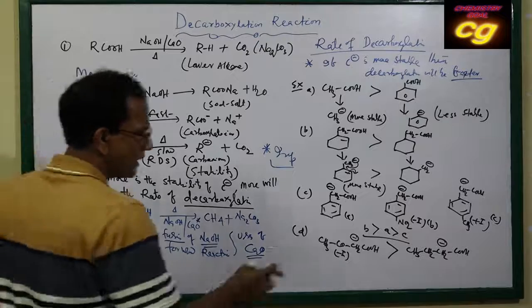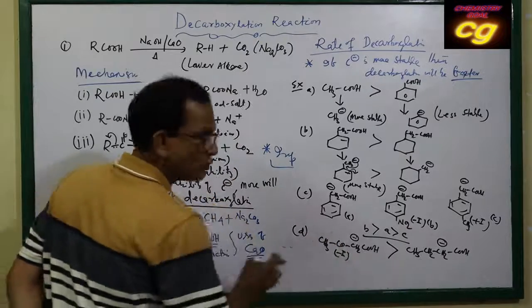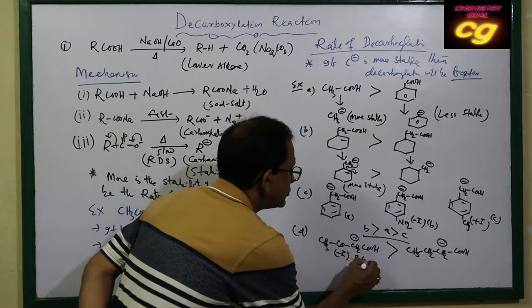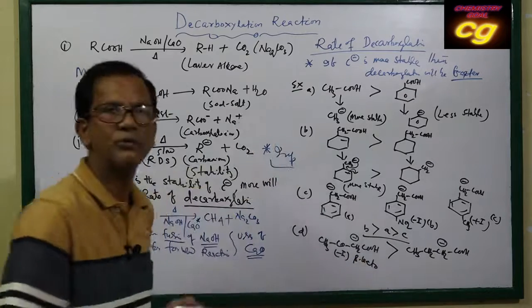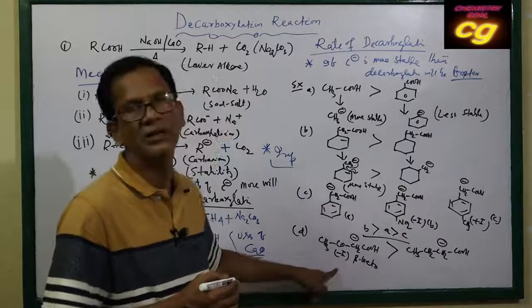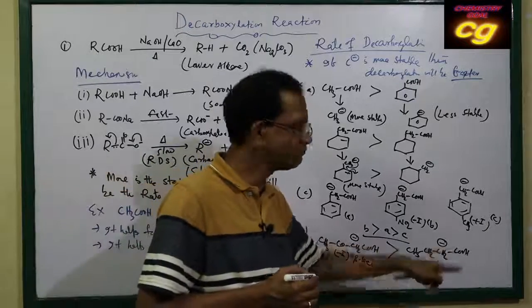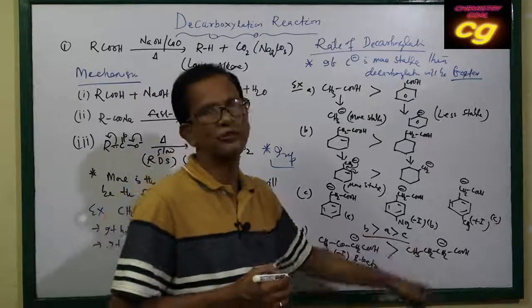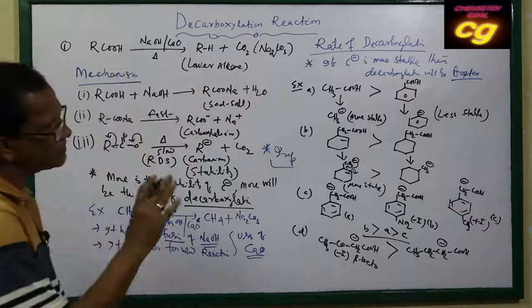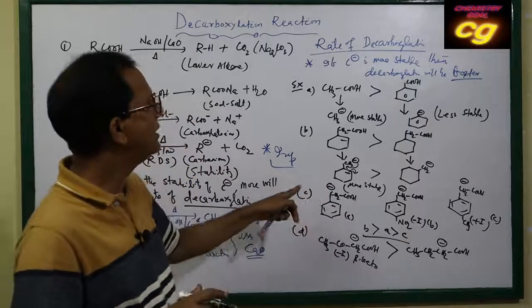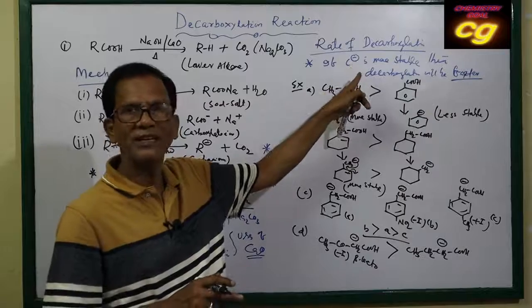So this is the alpha position, this is beta. So beta keto carboxylic acid is faster compared to a simple carboxylic acid. This is the main explanation regarding the rate of decarboxylation.